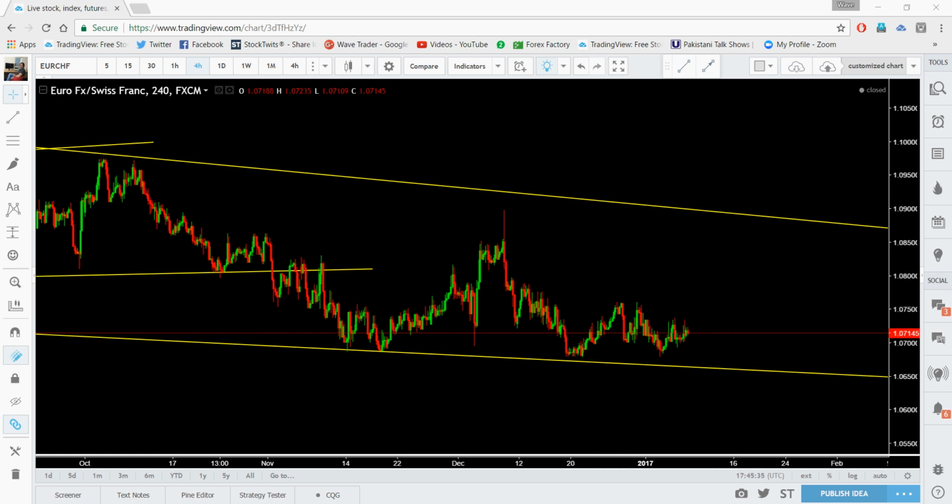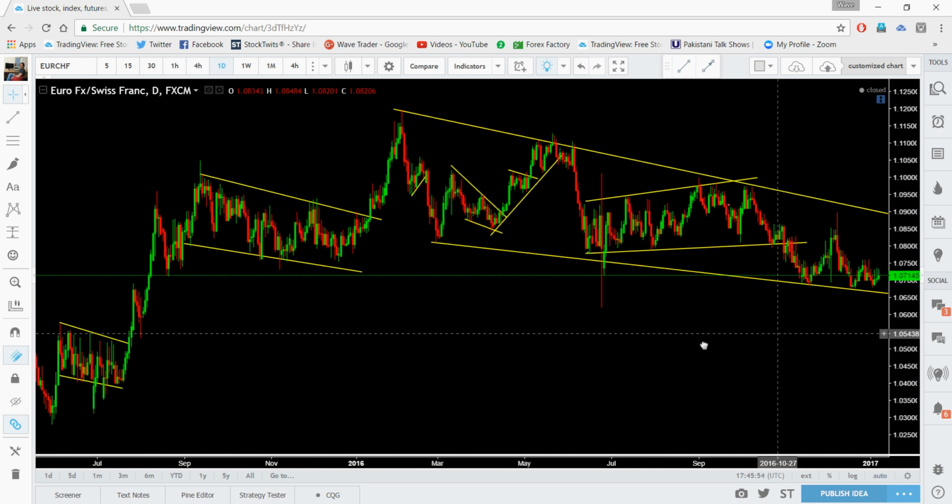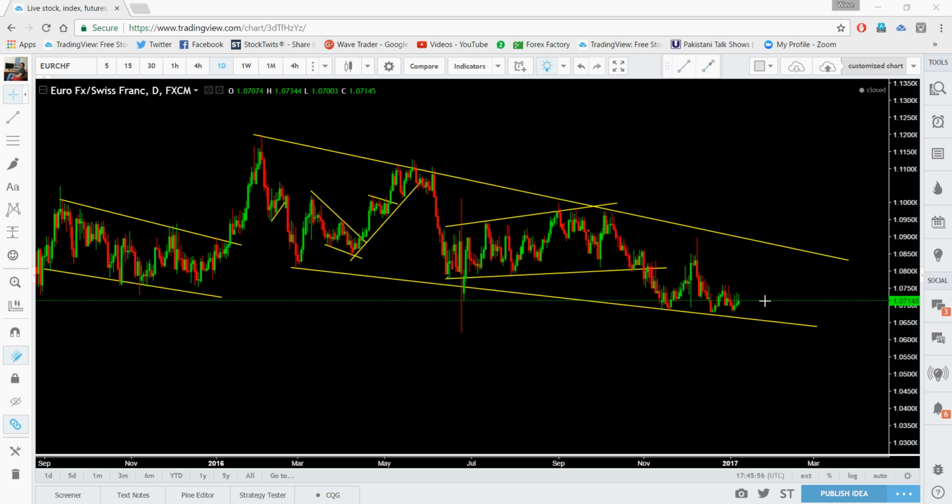Try to buy near this trend line for this move. So this is the pattern, this is the move I'm expecting.